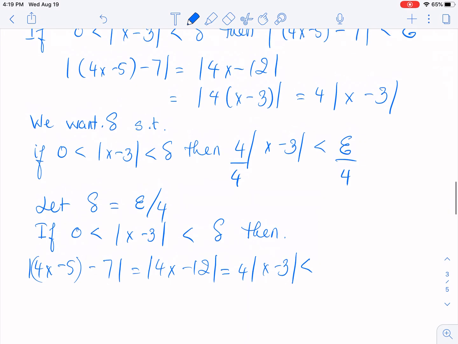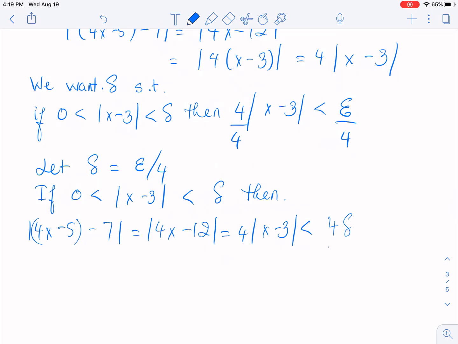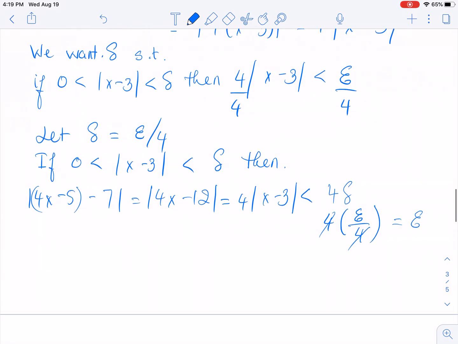This is less than 4 delta, but we let delta be epsilon divided by 4. So we got this part to be epsilon. So we proved the problem. So the limit of 4x minus 5 as x approaches 3 is 7.